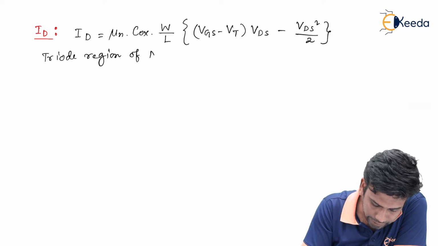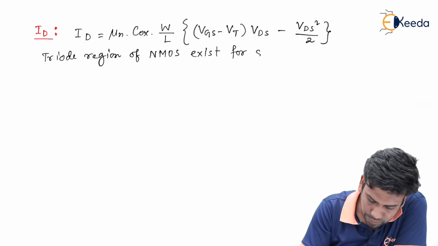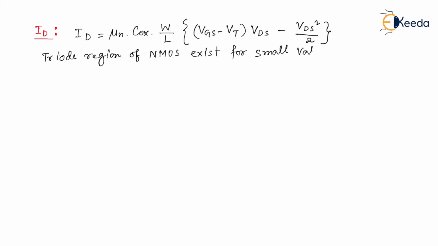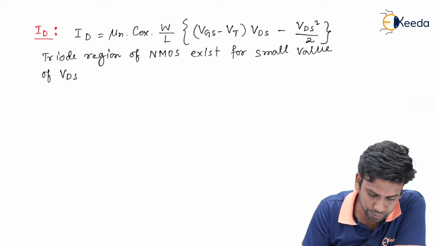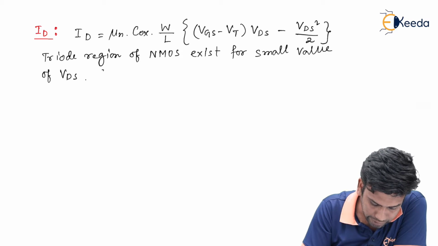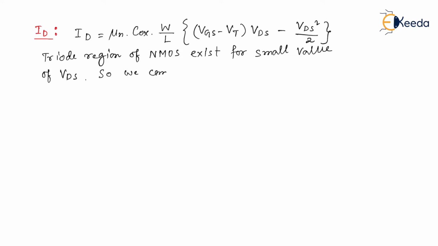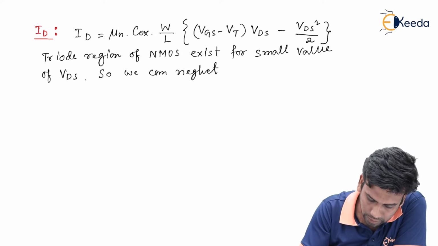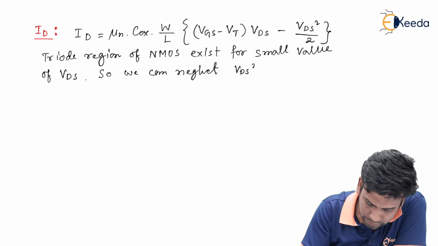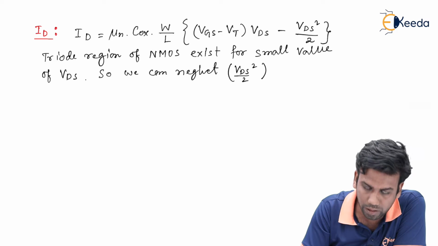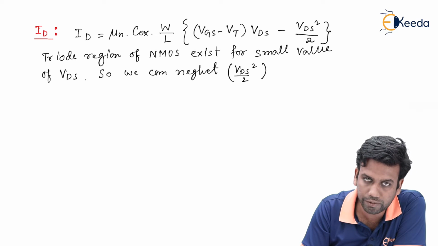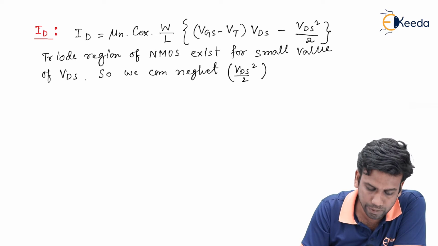The triode region of NMOS exists for small values of VDS, that is the drain to source voltage, so we can neglect the term VDS square divided by 2, because VDS is a very small value and VDS square will also be a very small value.